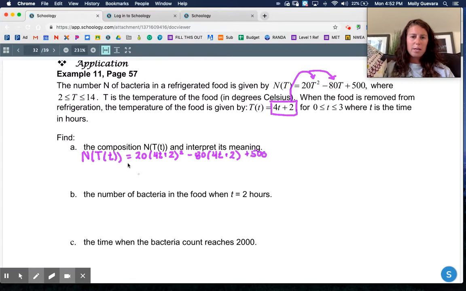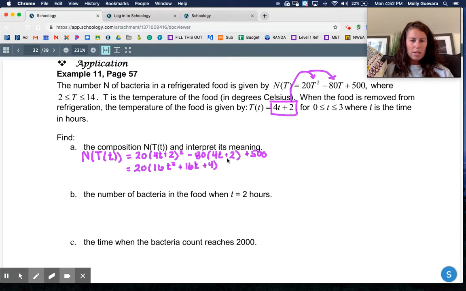And I'm going to keep going because we have to simplify this as much as possible. So I have 20 times 4t plus 2 squared. Remember, you have to write it twice: 4t plus 2 times 4t plus 2. And I get 16t squared plus 16t plus 4.